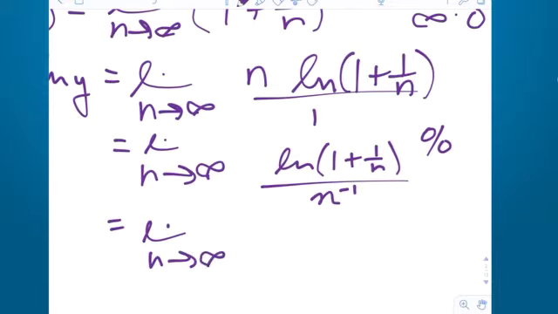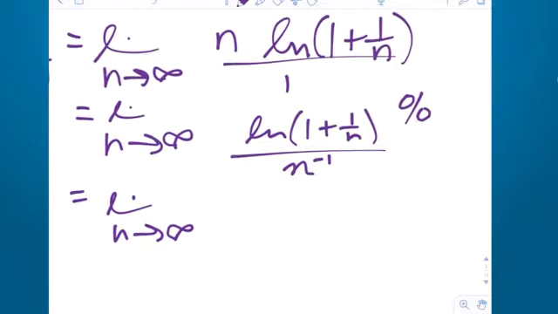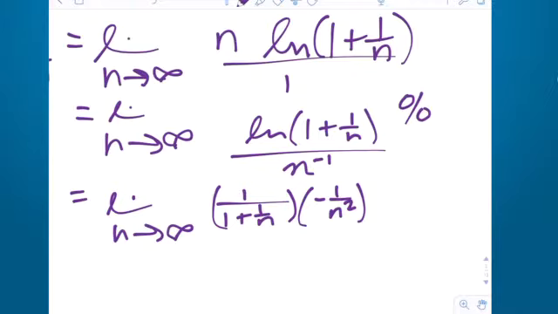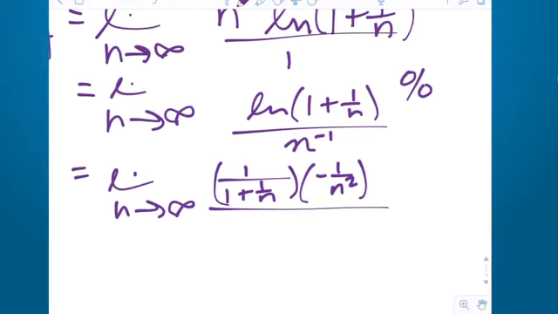So now we'll take the derivative of the top. How do we take the derivative of the natural log of blob? 1 over the blob, right, times the derivative of the blob. Well, the derivative of 1 is 0, and the derivative of 1 over n, which is n to the negative first, is negative 1 over n squared, negative n to the negative second. All over the derivative of the bottom, derivative of n to the negative first is negative 1 over n squared.